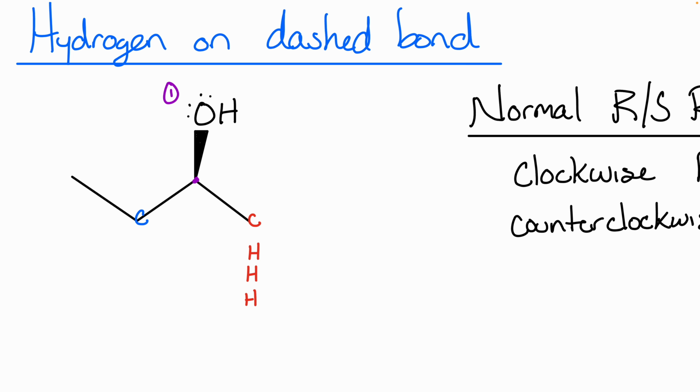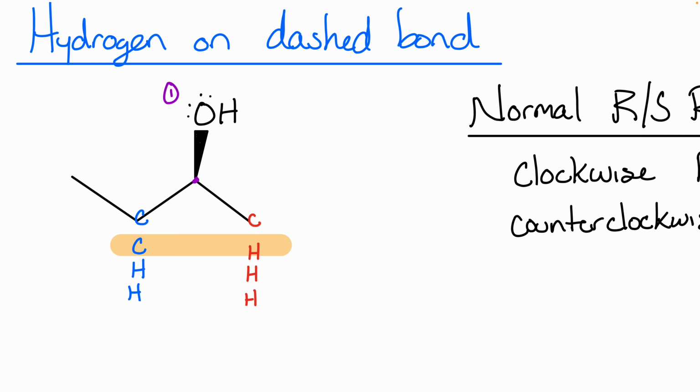My blue carbon, what are its other 3 bonds? 2 hydrogens and a carbon, yeah. So I have for my list for my blue carbon, it's a carbon, a hydrogen, and a hydrogen. And I can see that in this list here, now I'm going to look at the atomic number of my listed elements here. Whichever one's higher wins, right?